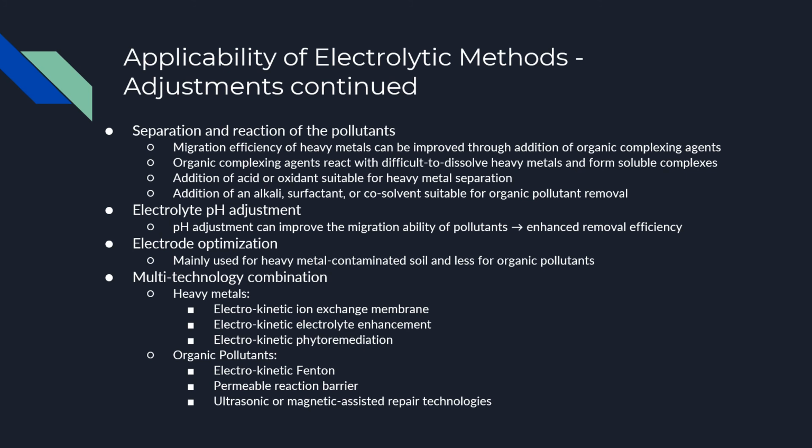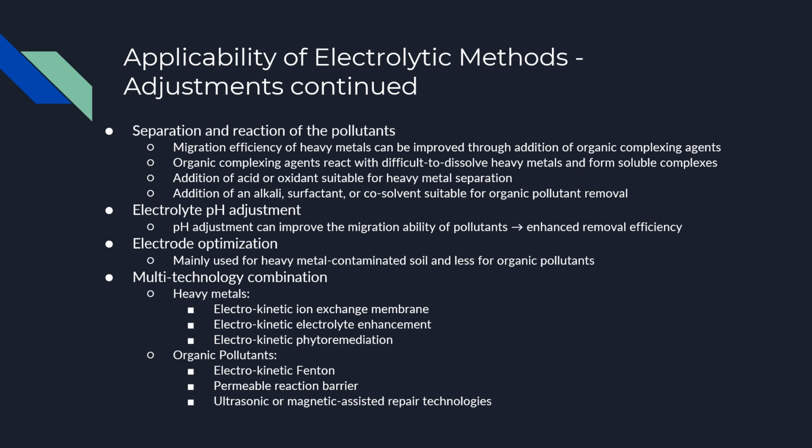The contaminants do need to dissolve. When we are dealing with a heavy metal contaminant, the addition of acid or an oxidant is suitable for their separation. And when you're looking at an organic pollutant as a contaminant, the addition of an alkali, surfactant, or co-solvent is suitable for this organic pollutant removal.